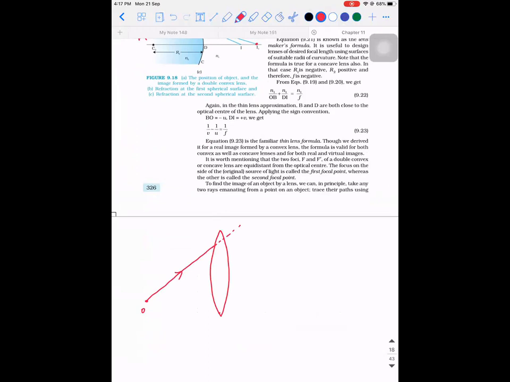Correct? This is where the normal is. And we are saying that the ray is getting bent in such a way that it is getting bent as if it is going to form a real image. And the real image is formed where? At this point I1. Are you able to understand this point?